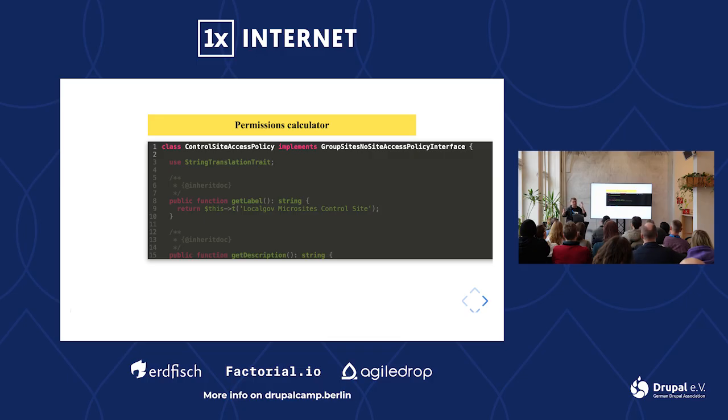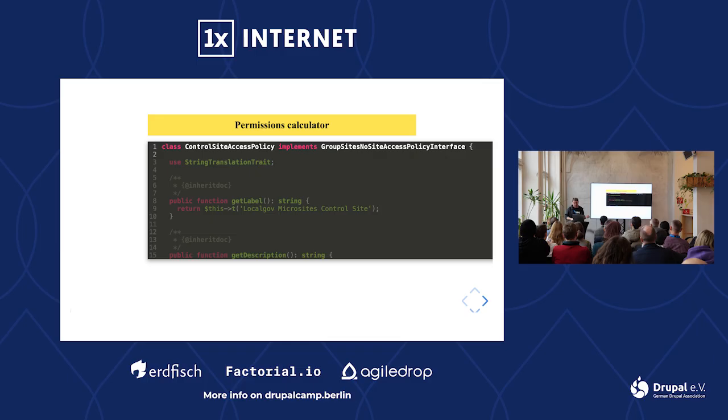So they would create content on the control site, like they'd make a media entity, but it wouldn't actually go into any of the microsites. We want them to log into the microsite to create it so it knows which site the content is getting made in.